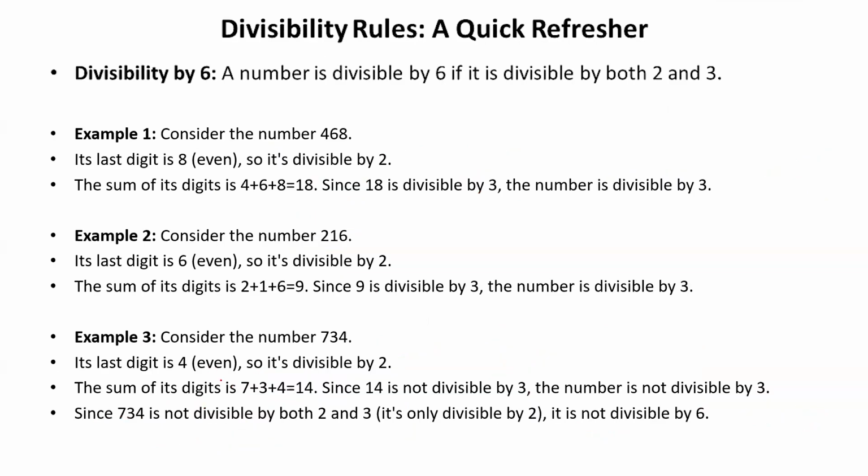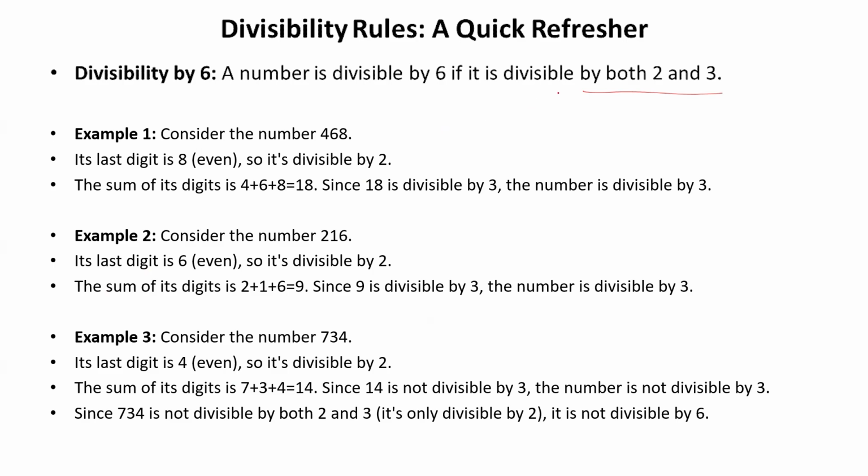Let's look at the next number. So if somebody asks you, check whether the given number is divisible by 6. How will you check? So here you have to check whether the number is divisible by both 2 and 3. If a number is divisible by 2 as well as 3, that means the number is divisible by 6.